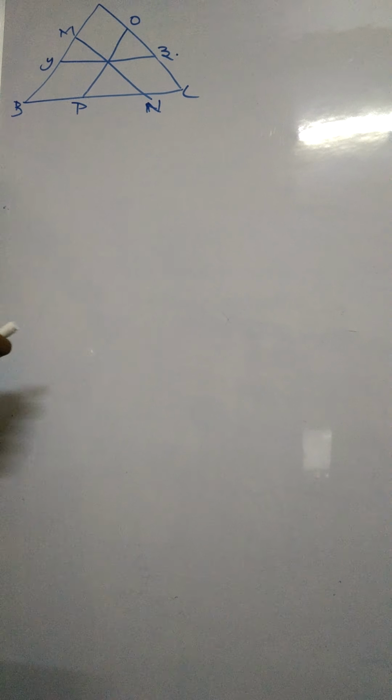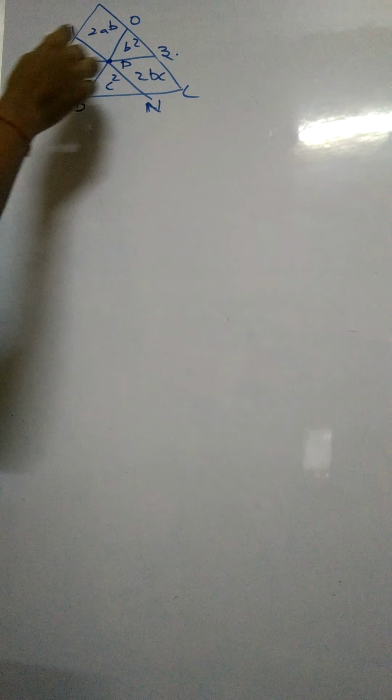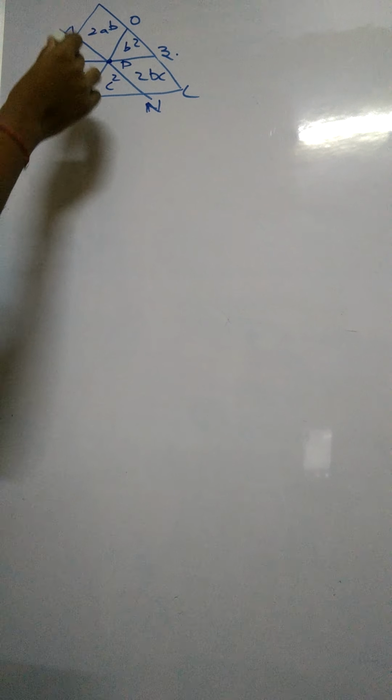If this is a triangle, AC is parallel to MN and AB is parallel to OP and BC is parallel to YZ, then let this be point P, area of AMOP will be 2AB and OPZ is B square and ZPNC is 2BC and DPN as C square, and this area is 2AC, this area will be A square.